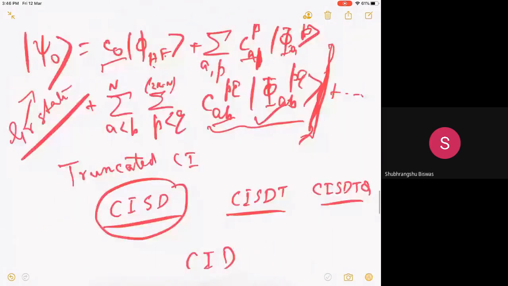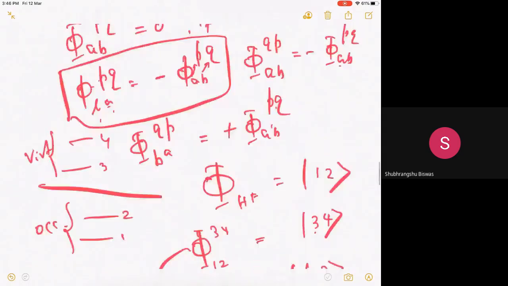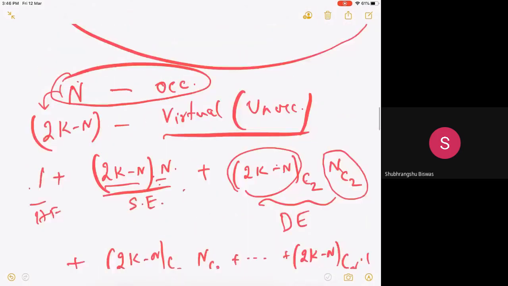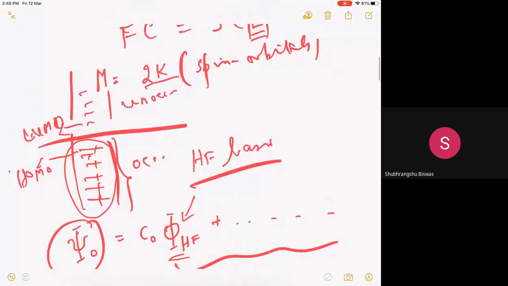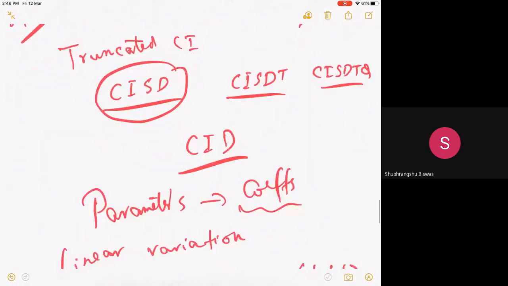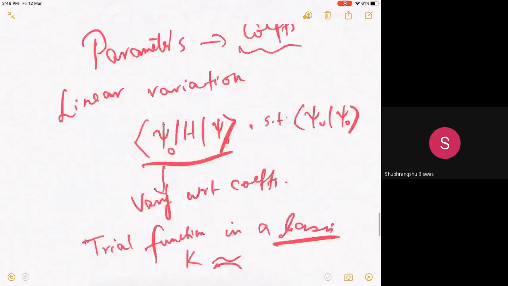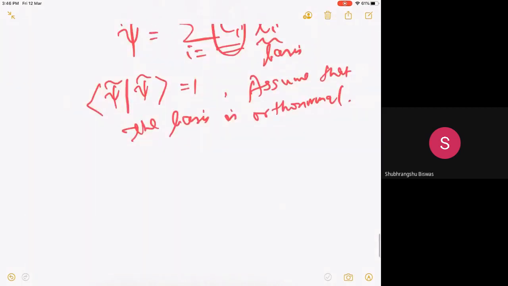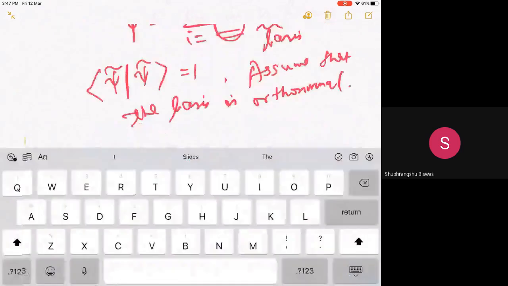And note that in our case, these determinants are also an orthonormal basis, because we are starting from Hartree-Fock orbitals which are orthonormal. If you start from a 1 electron orthonormal basis, the determinants formed will also be orthonormal, which means they are normalized to unity and any two determinants' overlap will become 0. So let us assume that this basis is orthonormal.